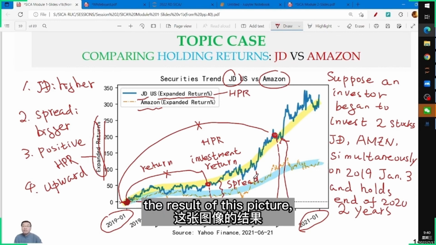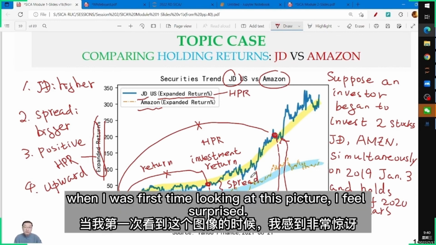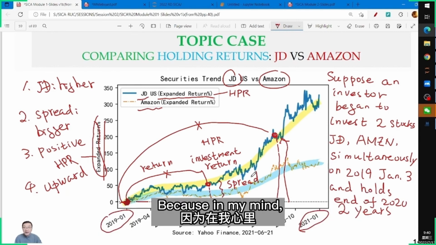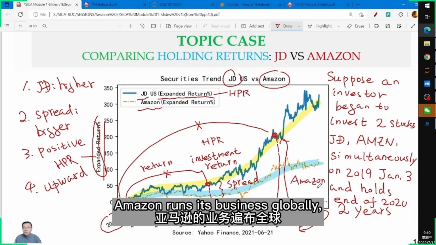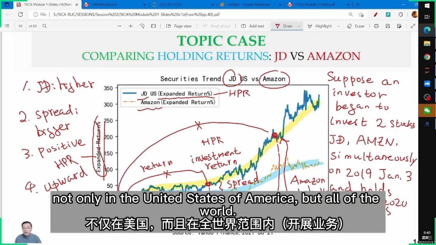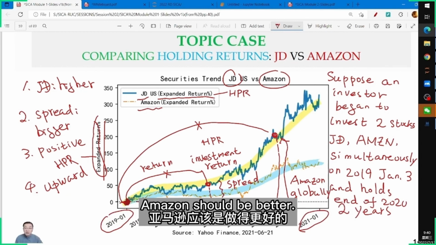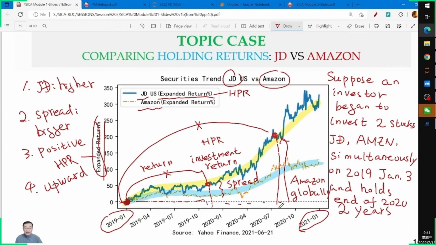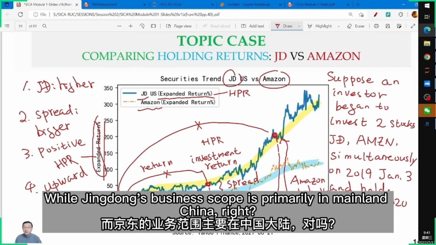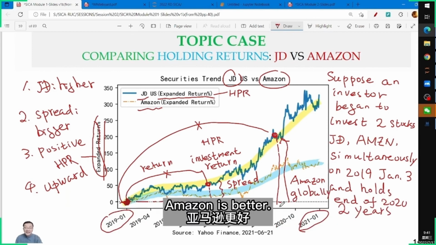However, the result of this picture, when I first looked at it, surprised me, because in my mind Amazon ran its business globally, not only in the United States of America, but all over the world. So in terms of the regions of the business scope, Amazon should be better, while Jingdong's business scope is primarily in mainland China, right? So from this perspective, Amazon is better.